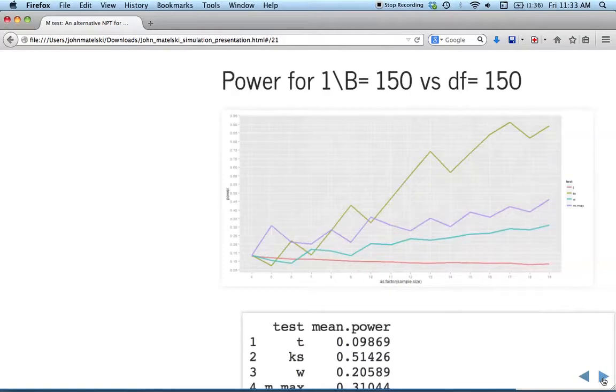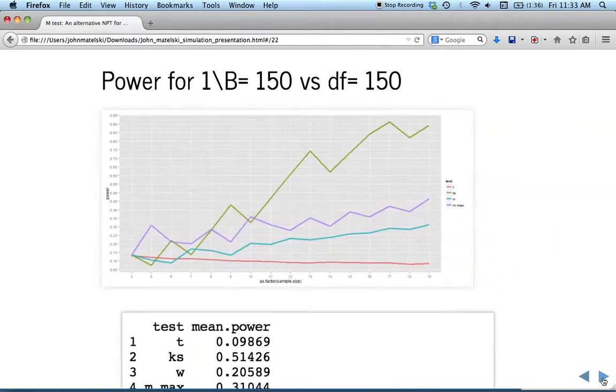Okay, exponential versus chi-squared. So now I'm mixing and matching not only the parameters of the distribution, but the actual distribution. So this is exponential with rate parameter 150, which we know has an expected value of 150, and a chi-square with degrees of freedom 150, which should have an expected value of 150.